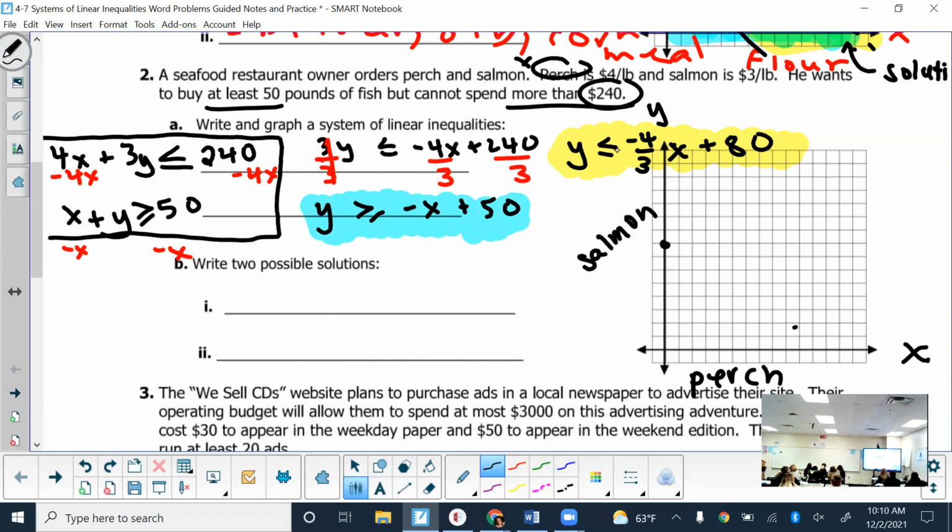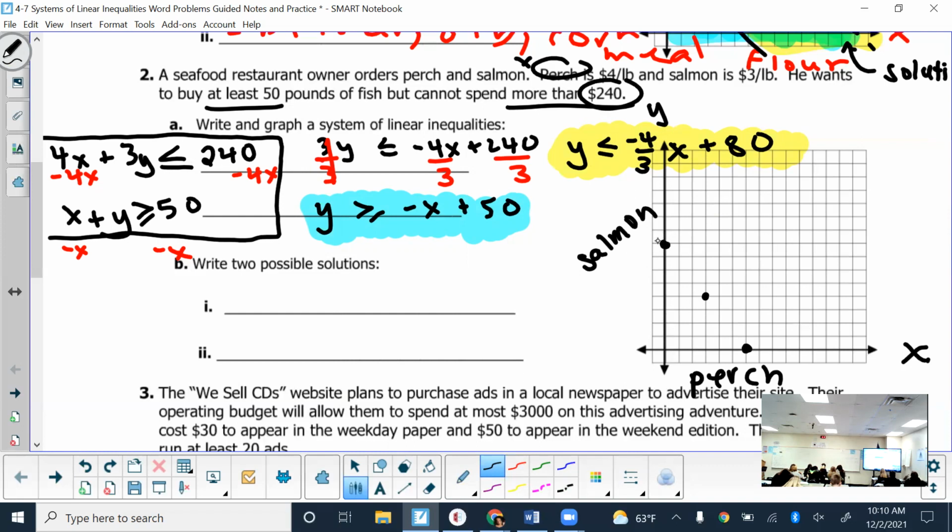And the slope is still the same, because the slope will always be the most simplified fraction. So we're going down 4 to the right 3. Down 4 to the right 3. And will this one be solid or dashed?